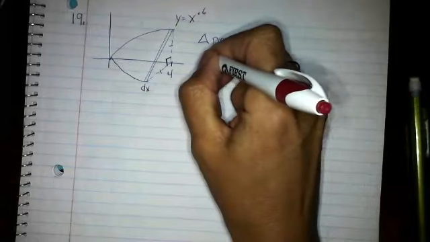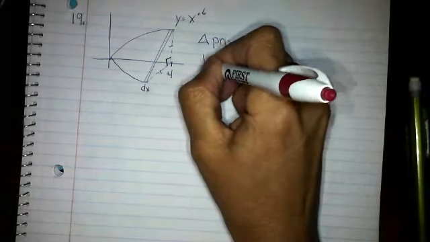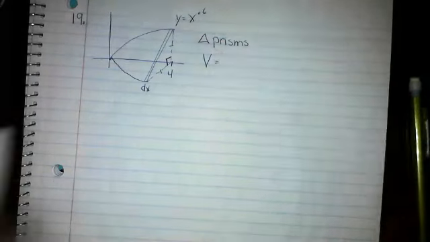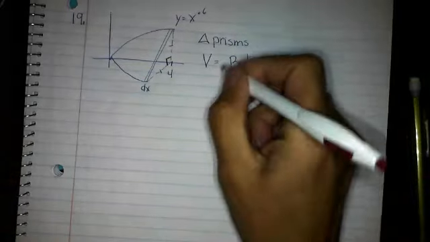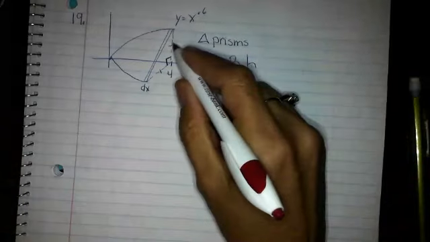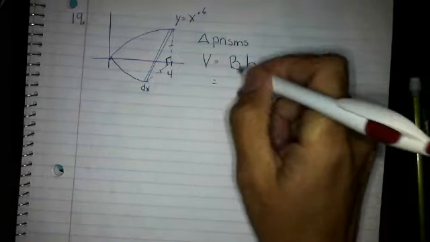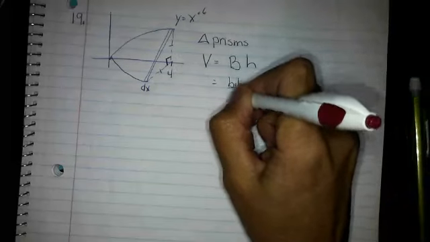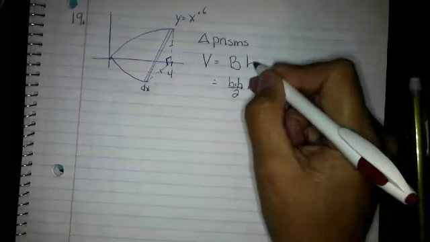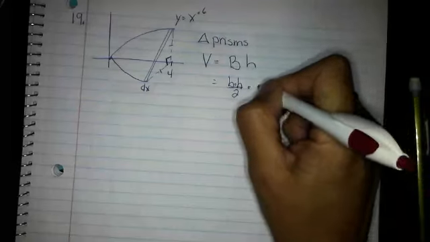So the volume is going to be area of the base times the height. The base is a right triangle, so it's base times height divided by 2. And then the height of them is our dx.